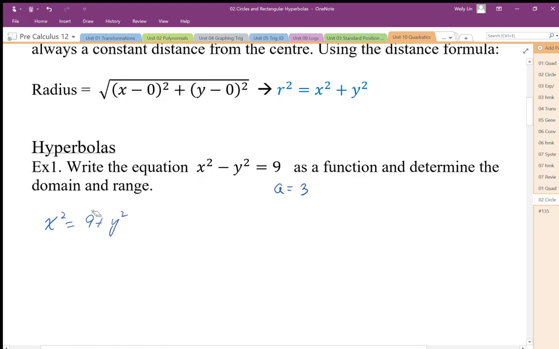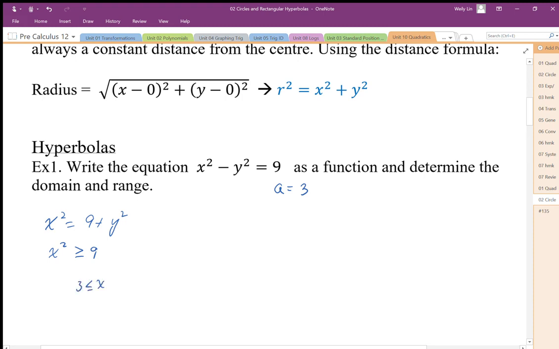Well, that makes the smallest that x squared can be 9. In fact, we can make this restriction: x squared must always be bigger than or equal to 9, which then makes a restriction on x.